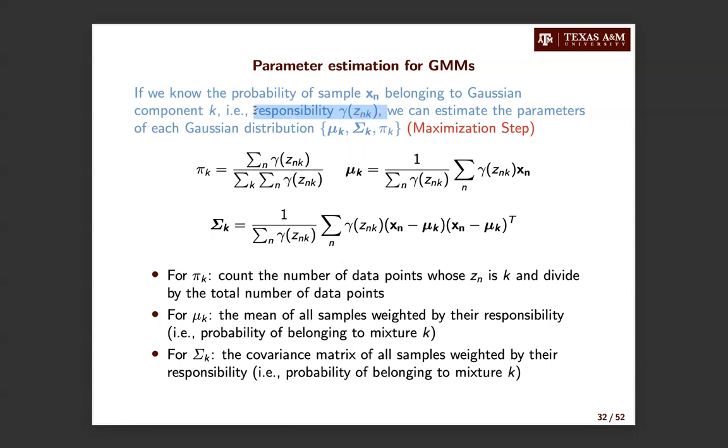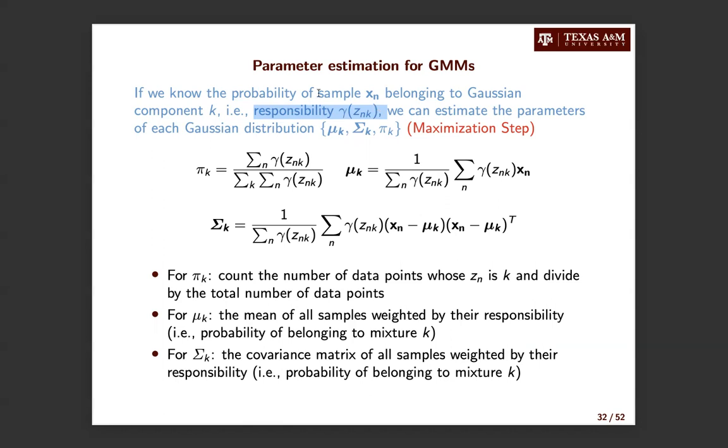And it denotes again the probability of sample n belonging to mixture K. The sum of all these responsibilities for a single sample should be equal to 1, meaning that a single sample should be assigned to each of these mixtures, and this sum should be equal to 1.